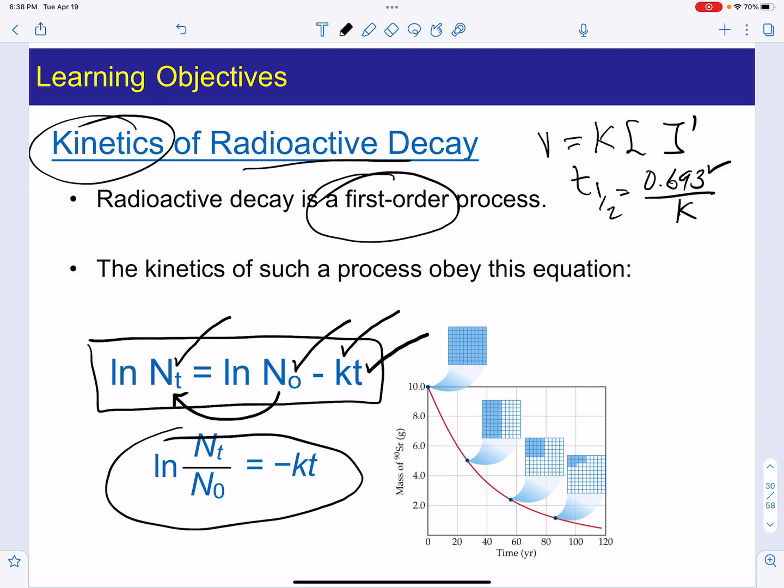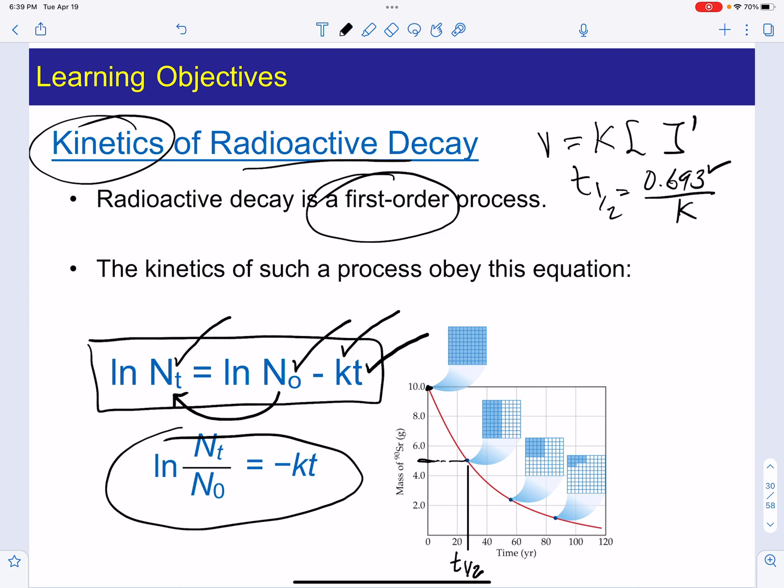So, quick refresher about half-life. If I start with a mass of 10, half-life would be when all that has gone down to 5. So that would be right there. And the time required for that to happen, that's going to be your half-life.